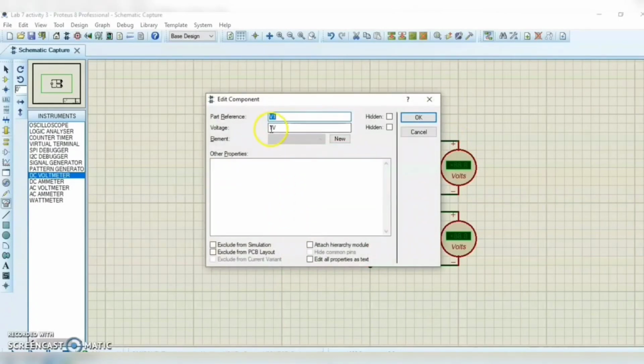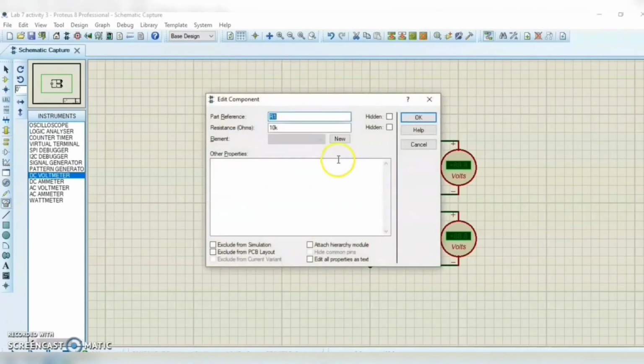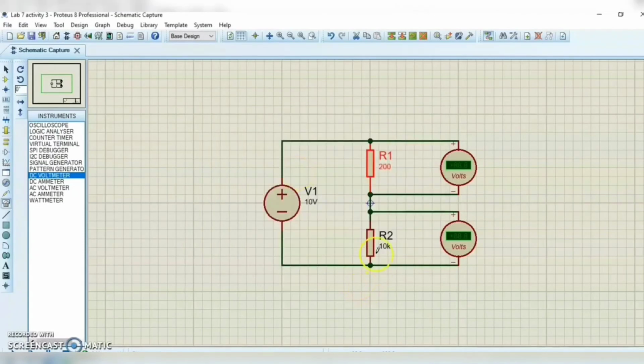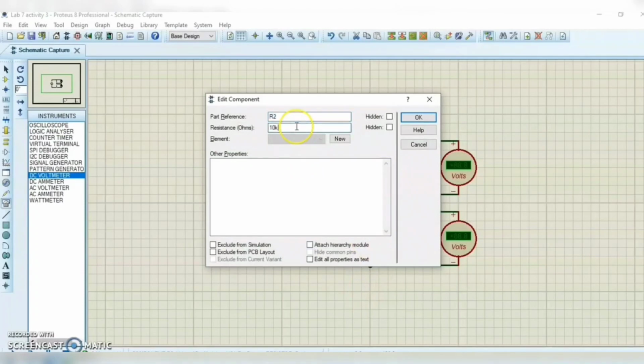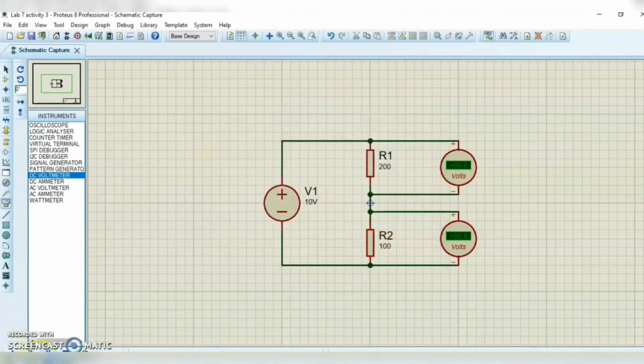Then we set the value of the voltage to 10 volt, the value of R1 to 200 ohm, R2 to 100 ohm, and then we run the simulation, and we got the value of the voltage drop is 6.67 volt and 3.33 volt.